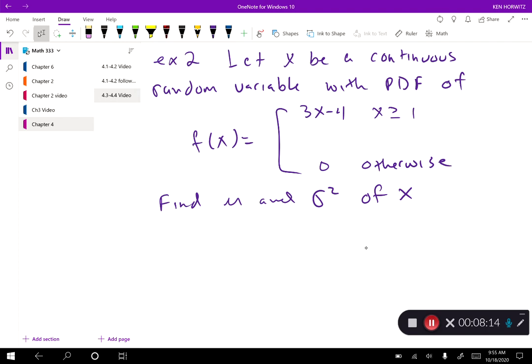So the difference is right here, right? Now I have x just greater than or equal to 1. So I need to set up my integral slightly differently. I need all values from 1 greater. So from 1 to infinity. So once again, it's x times f of x.